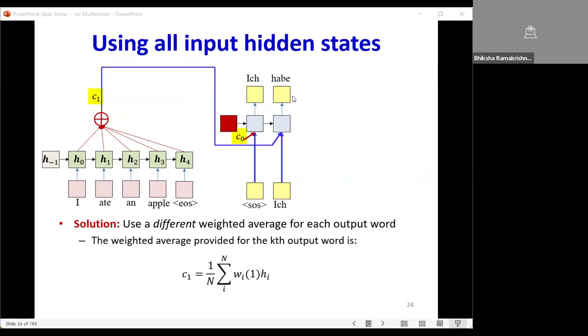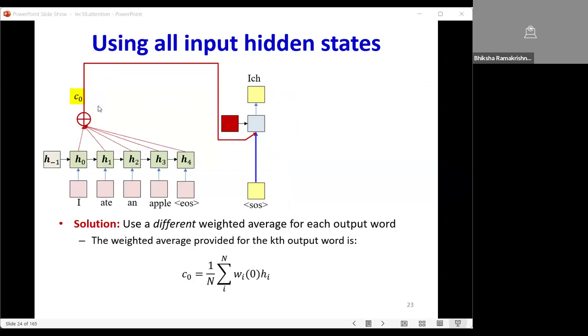And then when you compute the next word, you're still going to use a weighted sum of these hidden values as input, but now this would be a different weighted sum. So the weights are going to be different. And so this C0 is the context that has been derived from the input, from the encoder, when it's producing "ish". That's one weighted sum of these hidden state values on the encoder.